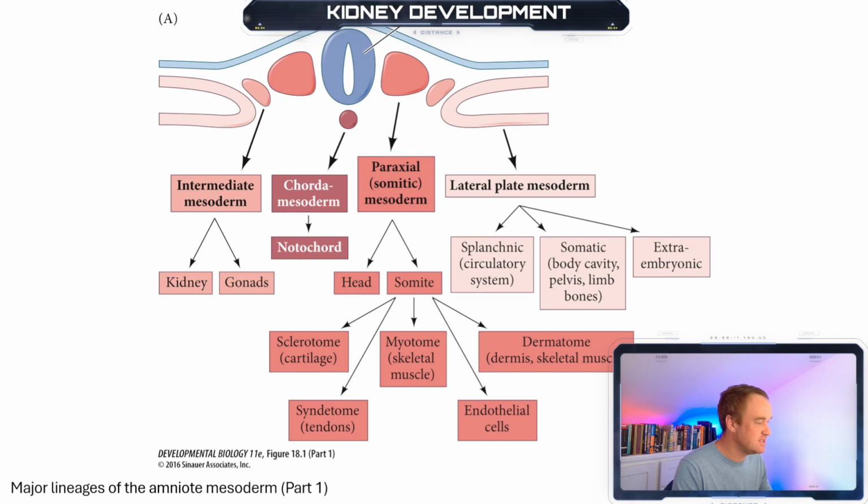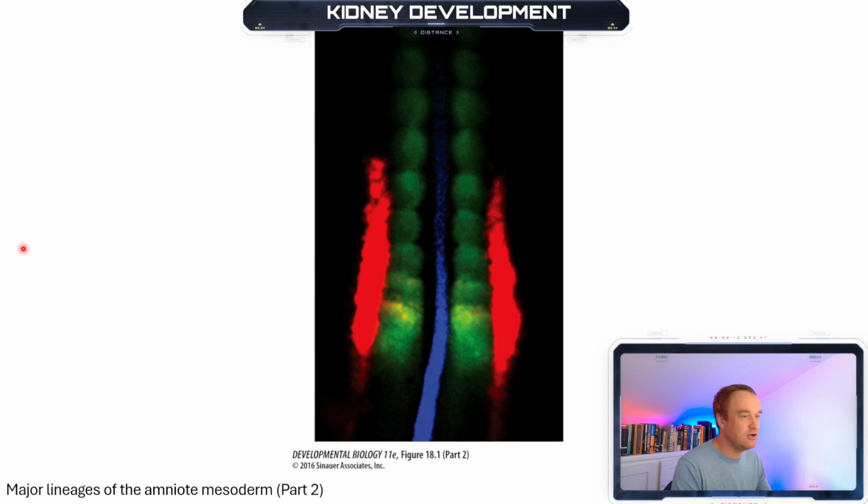So let's keep going. Here we're just identifying the medial mesoderm compartments. This is a 12 somite chick embryo. You can see the somites here. So it's about 33 hours.